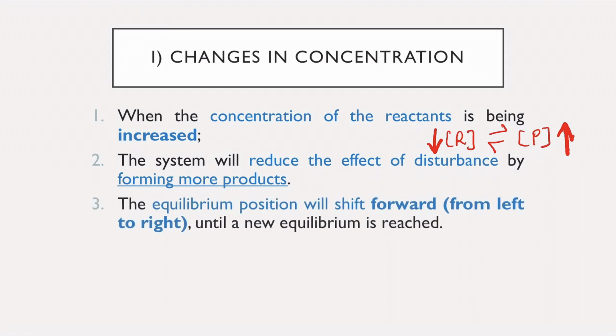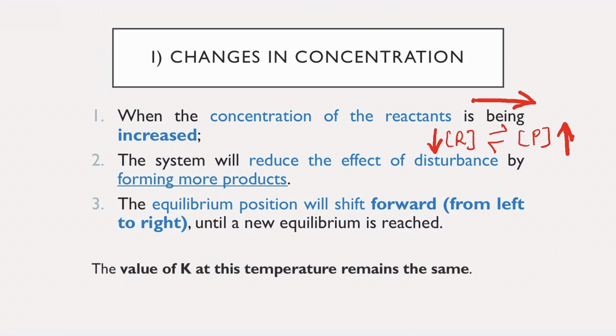So, how does the equilibrium shift? The equilibrium position will shift forward, or from left to right, until a new equilibrium is achieved. That means the forward reaction, so that you will produce more products and reduce the concentration of your reactant. In this case, because at constant temperature, the value of K will remain the same.